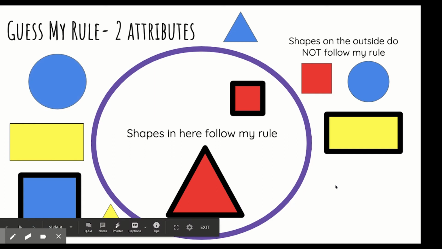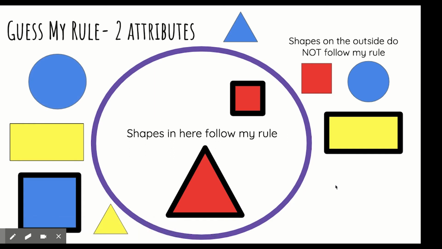You may have noticed that I sorted the shapes by color and thick lines. Shapes in the circle had to have both attributes. They had to be red and have thick lines. So that was my rule.